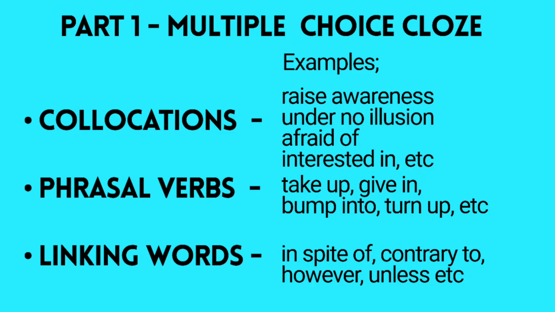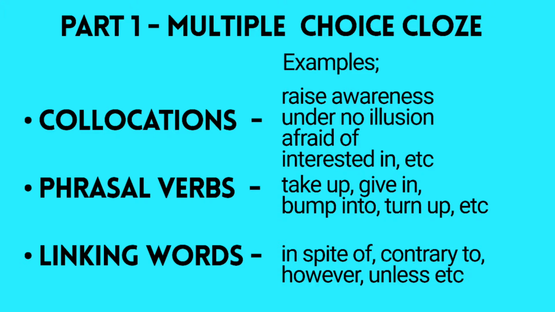A couple of examples you can see here is like raise awareness. So maybe the word you're looking for is raise, or maybe it's awareness. Under illusion, so under no illusion is often the expression. Or sometimes just adjectives with prepositions, so afraid of, interested in, etc. There are many of those.